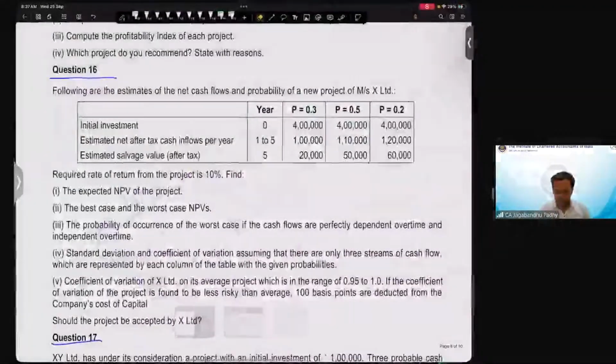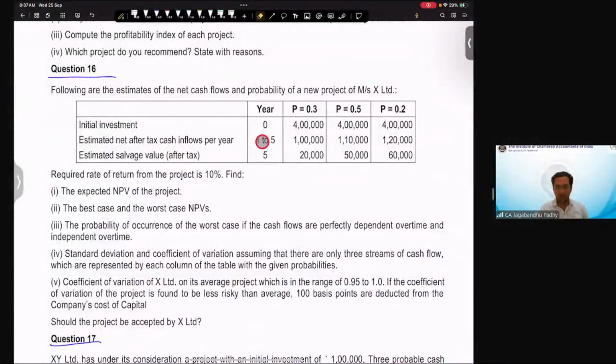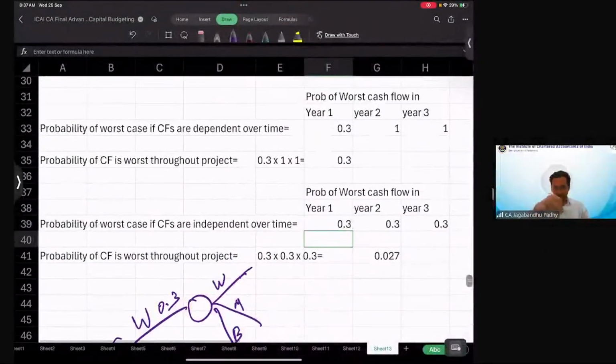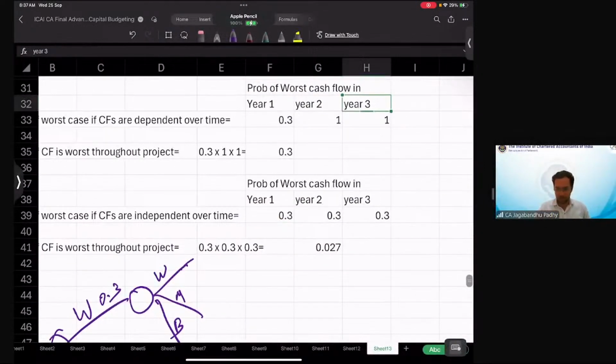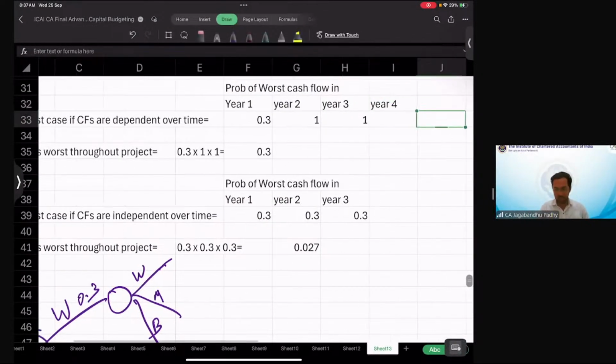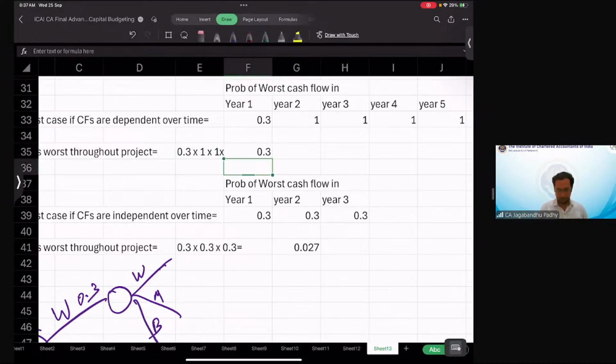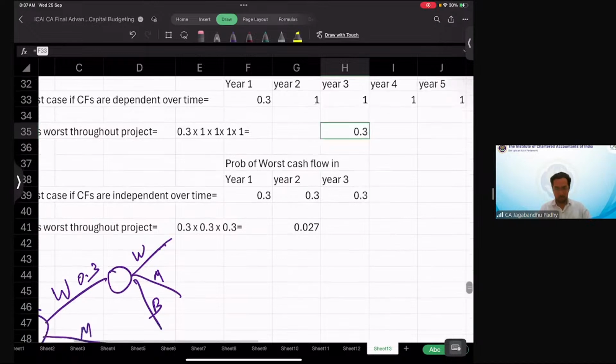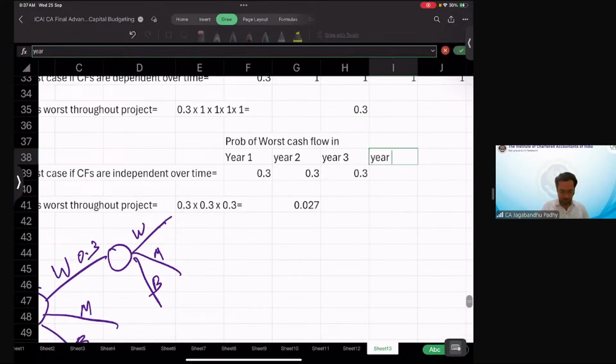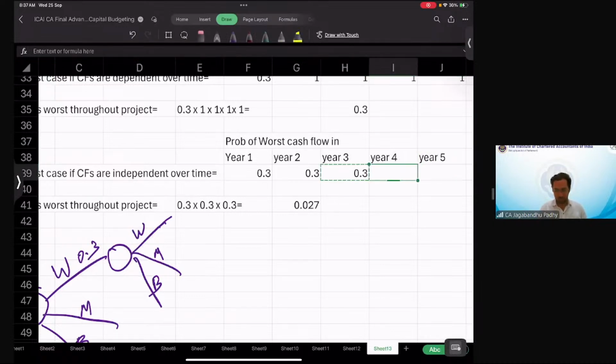Okay, my bad. It is 5 years, right? So if it is 5 years, then I just need to add year four, because the life of the project is 5 years, right? So year five, every year here it is going to be multiplied by 1. So this project is having a life of 5 years.